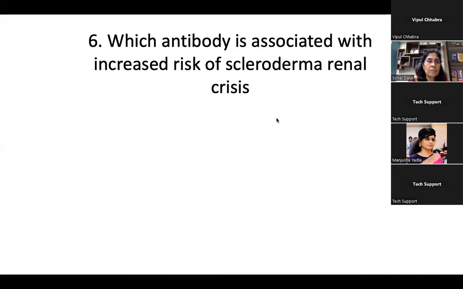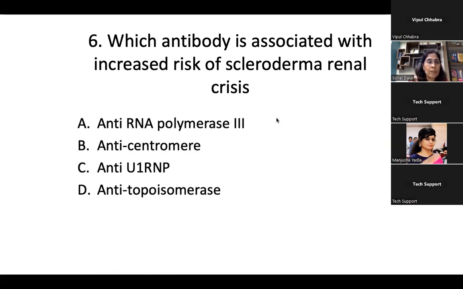Question number 6. Which antibody is associated with increased risk of scleroderma renal crisis? Anti-RNA polymerase 3, anti-centromere, anti-U1-RNP, anti-topoisomerase. Your time starts now.